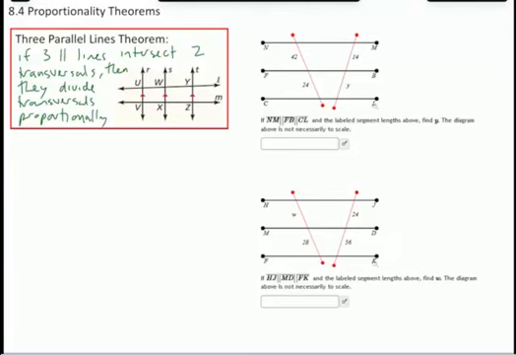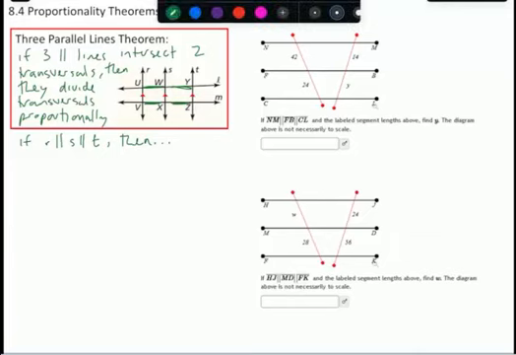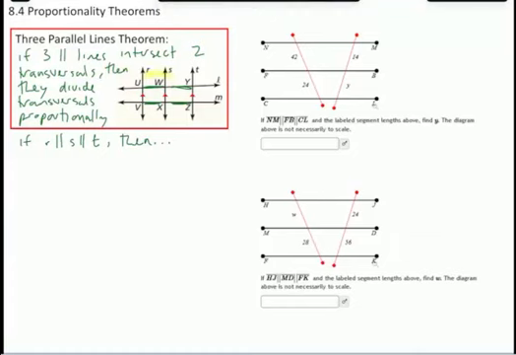Okay, and so basically what this is saying is that if line R is parallel to S and parallel to T, if those are 3 parallel lines, then the conclusion is that the ratios of these segments are going to be equal. So when you take the ratio of these segments here, you have equal ratios, which means if I take UW over WY versus VX over XZ, those are equal to each other.